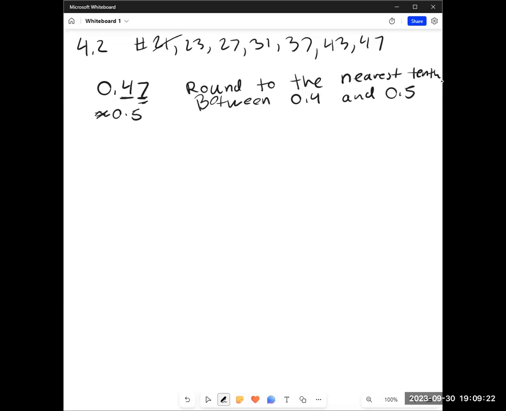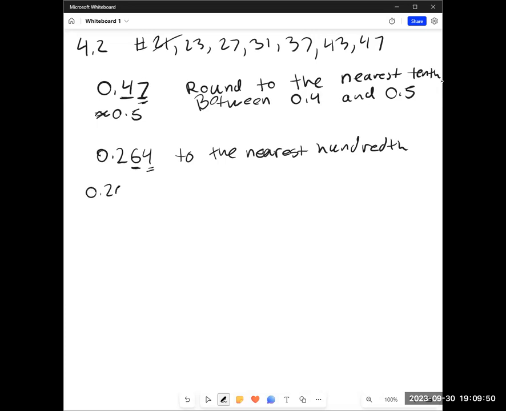Let's look at the one that's like number 23. 264 thousandths to the nearest hundredth. So there's the hundredth spot. We're going to look at the thousandth spot.